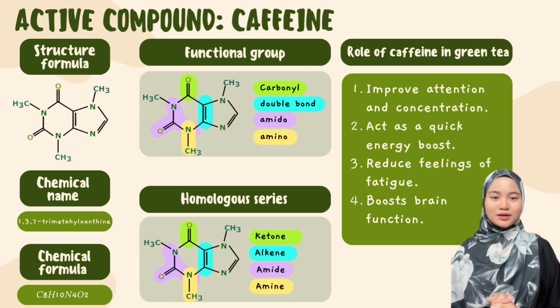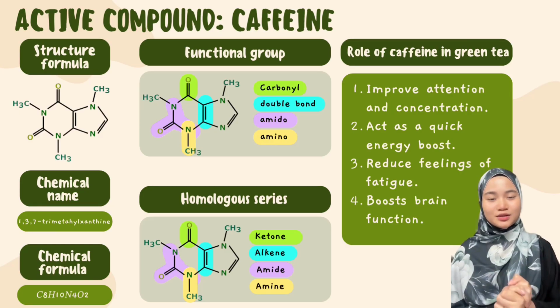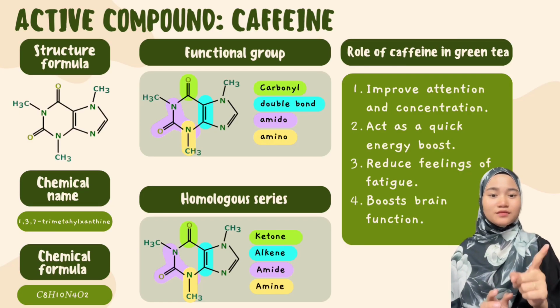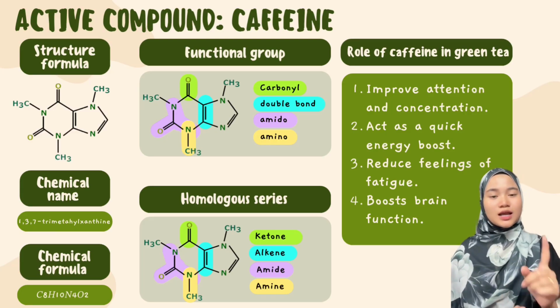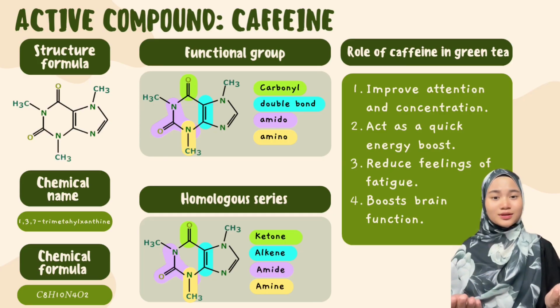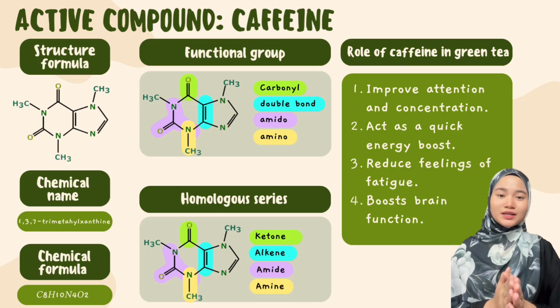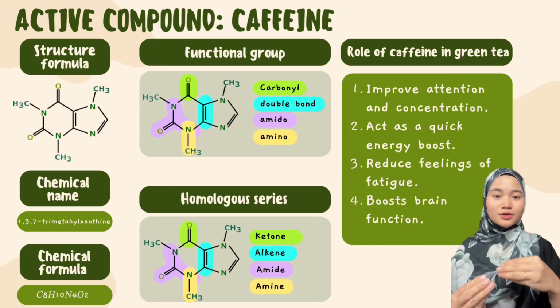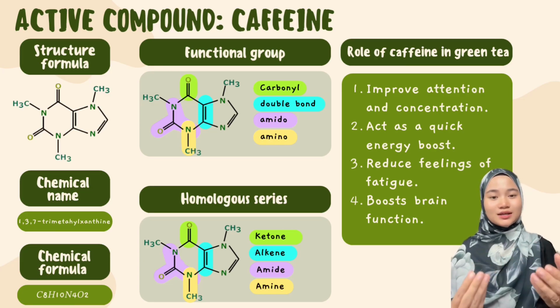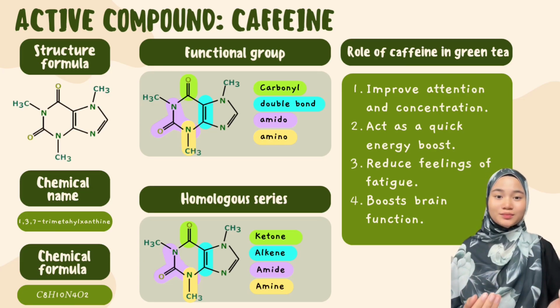Now, let's talk about the role of caffeine in green tea. How can it affect us? The first one, caffeine can improve our attention and concentration towards something. How? Basically, caffeine can activate our nervous system and make us feel more awake.